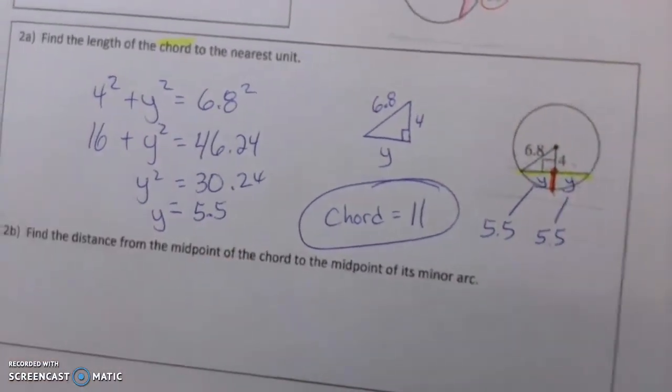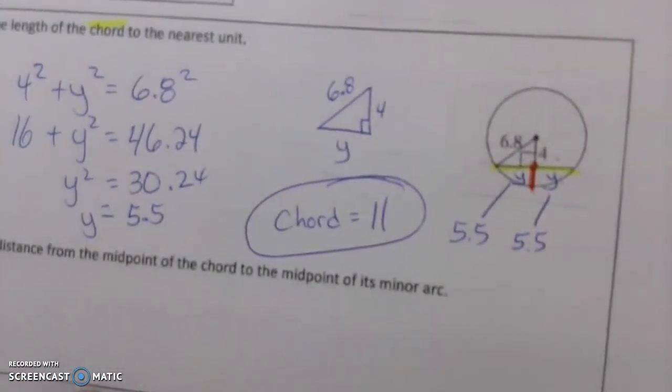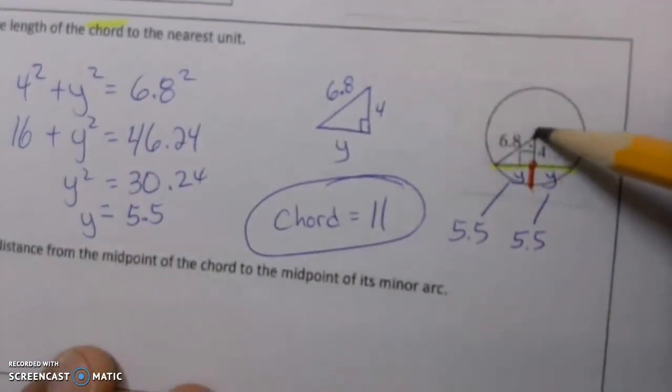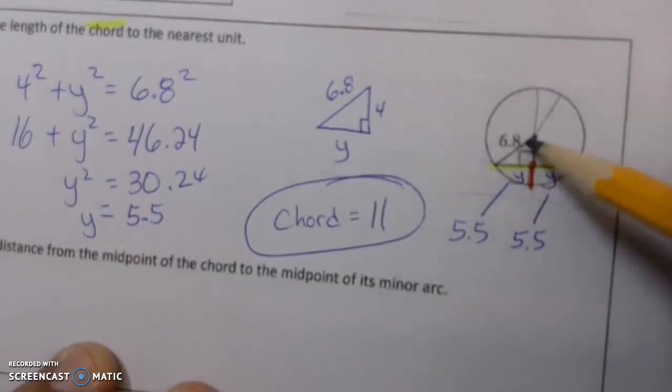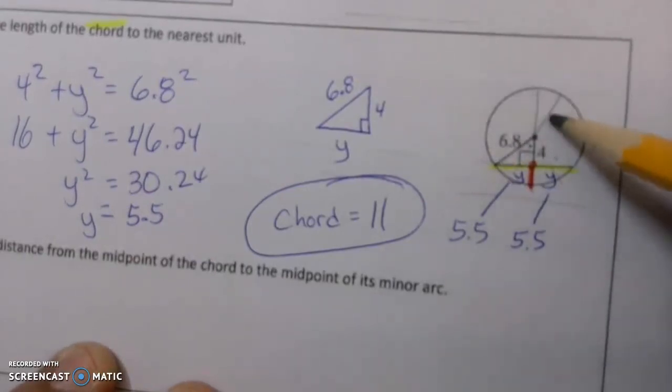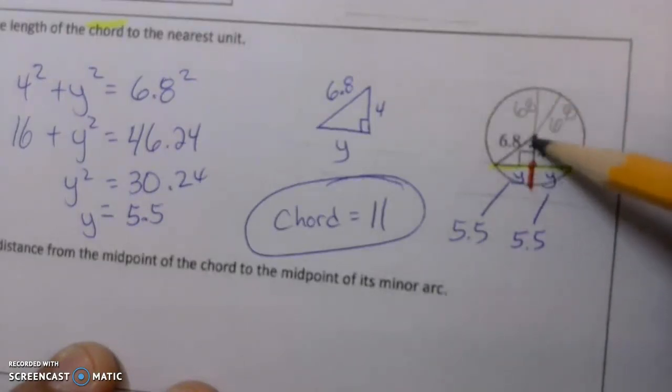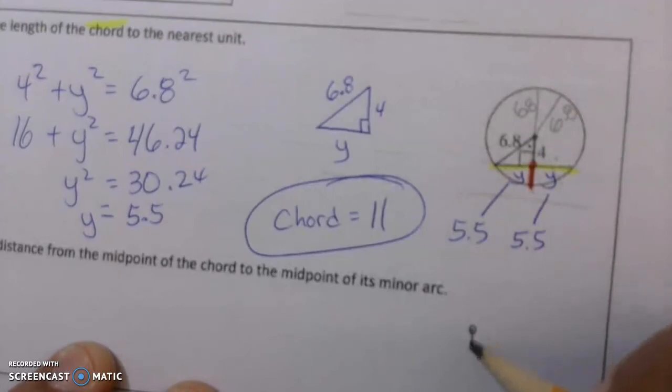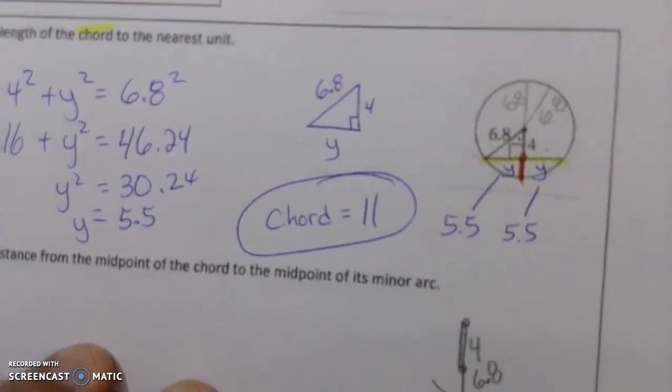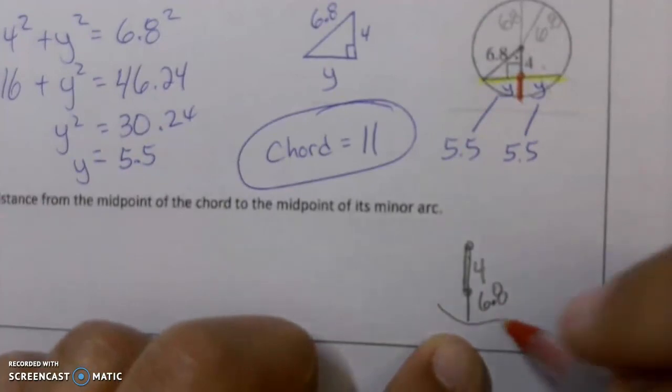Now, how are we going to figure out that red line? Well, all the way across, these are called radiuses. This here is a radius. This radius is 6.8. So all of these are 6.8, including here to here. So if it's 6.8, and this is the arc, and this top portion is 4, then I can figure out what this bottom portion here is in red.